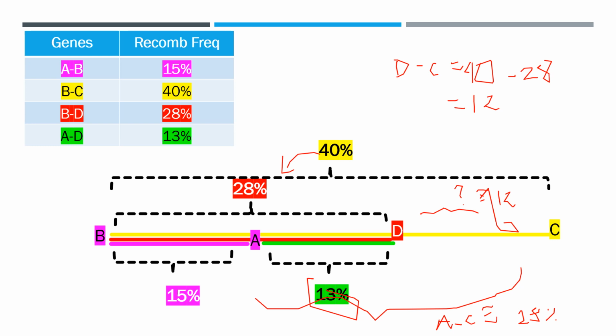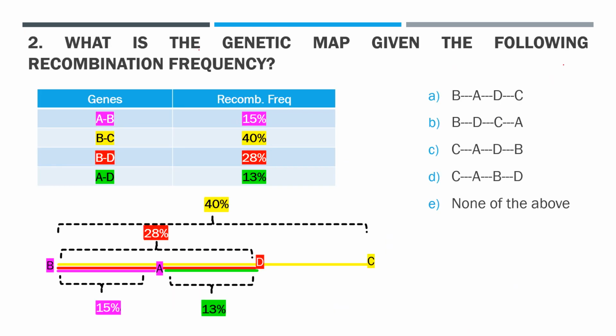Okay, so as a conclusion, let me show you. To answer this question, we got that the best order is B, A, D, and C. Again, we are not saying that B is the first one and C is the last one.